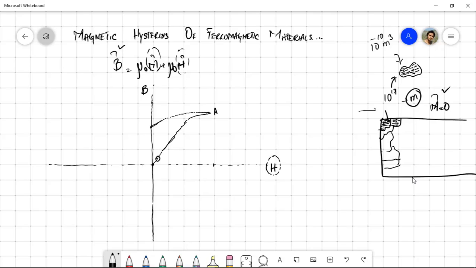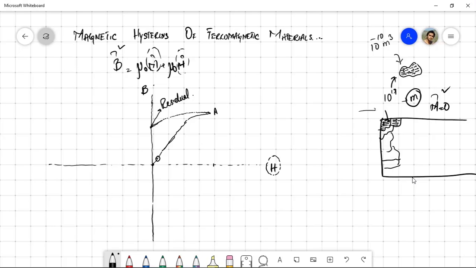So we said that once they are aligned, some of them will remain partially magnetized, and that magnetic flux which is now present in the absence of any external magnetic field has a name. This amount of magnetic flux will be called a residual flux. Okay, so you can relate to its name. This is the residual flux.